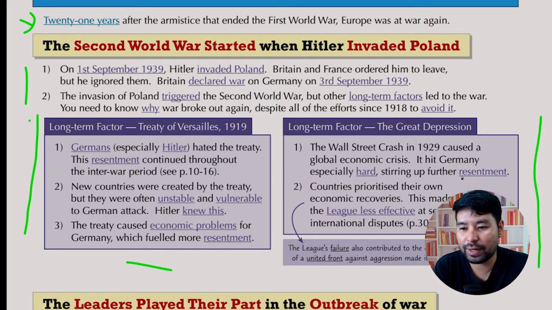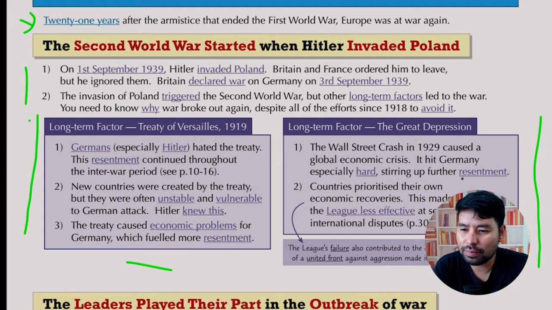The second aspect was new countries were created by the treaty, but they were often unstable. They were not really working very well. Because they were new countries, they were not 100% ready to face the problems that countries might face.